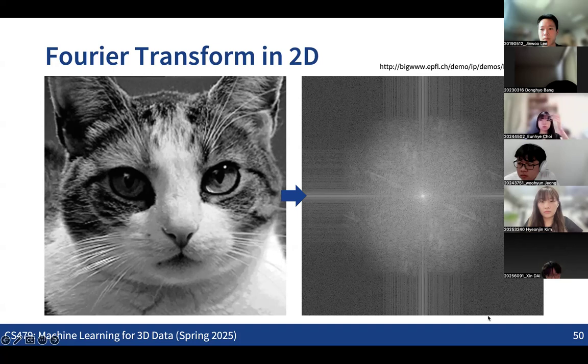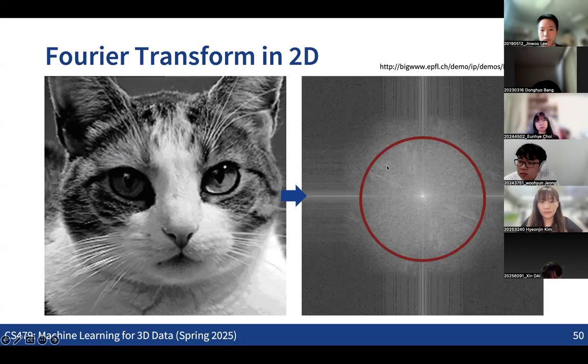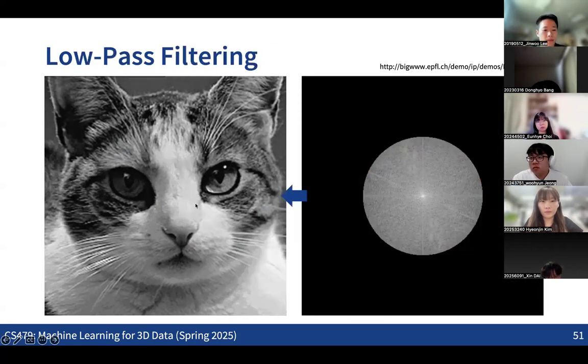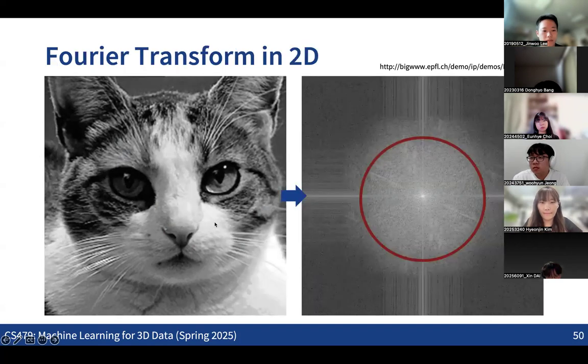For example, the most popular application of this transformation might be image compression. Once we convert the image into the spectral domain using the Fourier transform, if we only take the coefficients for the low frequency basis functions and recover this back into the image space, then you can see that it contains almost the same information while losing some very small fine details that people cannot tell the difference in, right?